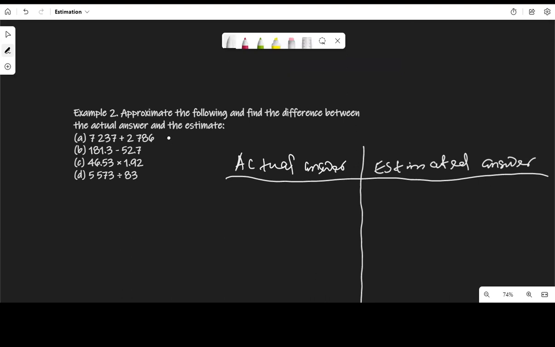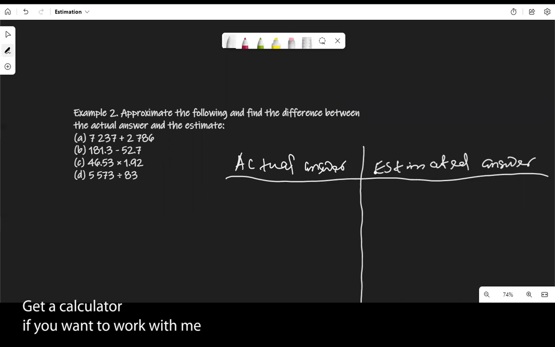So the first one, I have 7,237 plus 2,786.